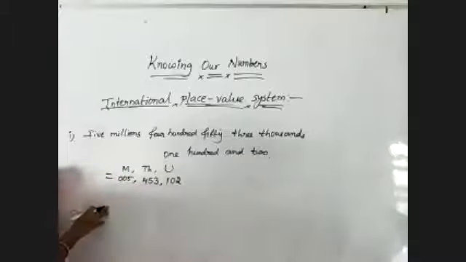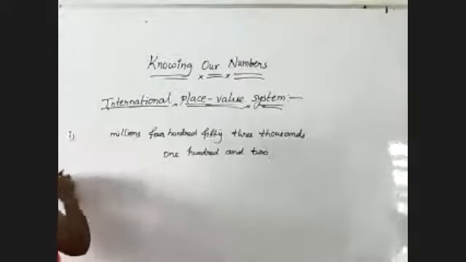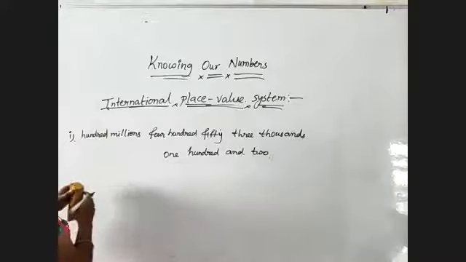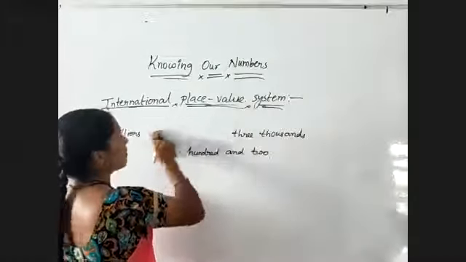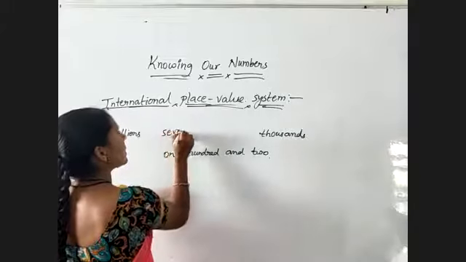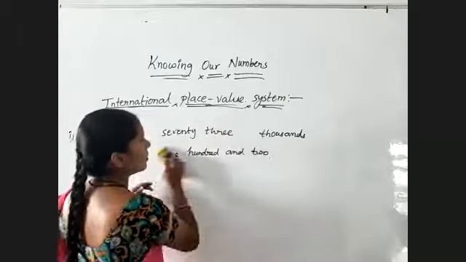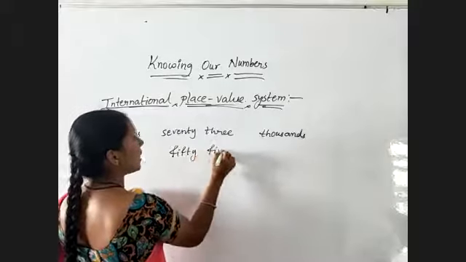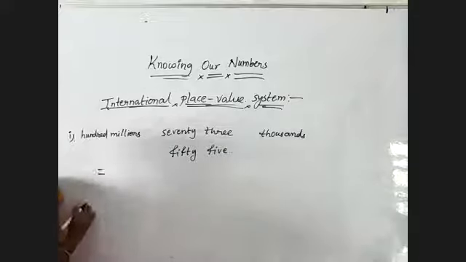Now suppose I'm writing another number: 100 million, 73 thousand, 55. Like this, I have given one of the numbers. Now I want to write it again using the numeration system.